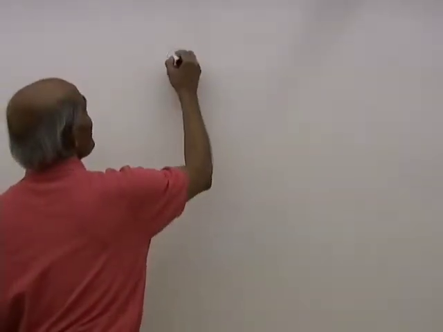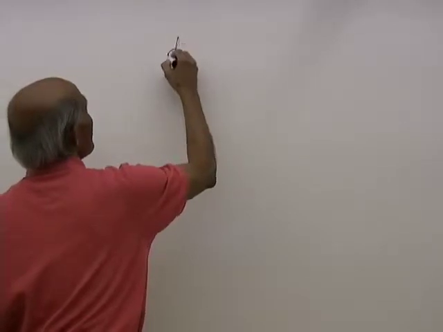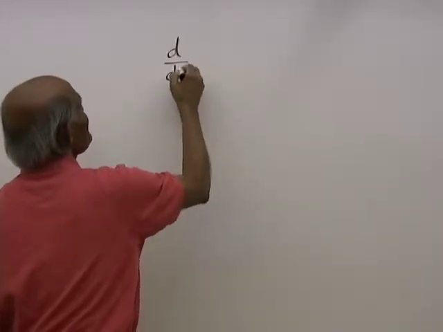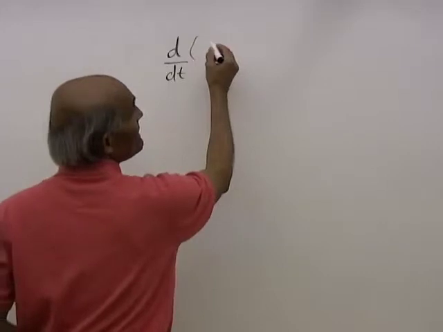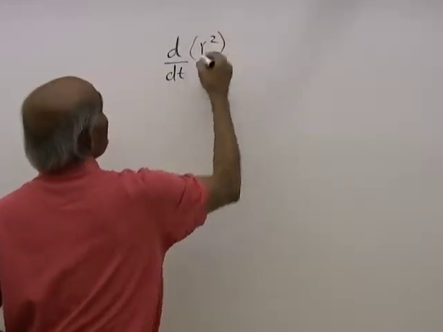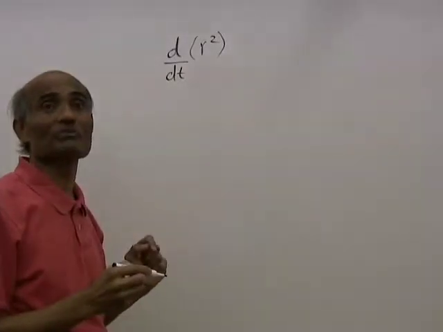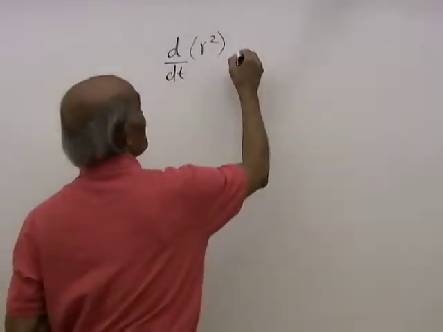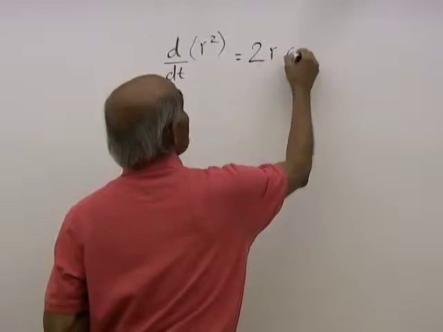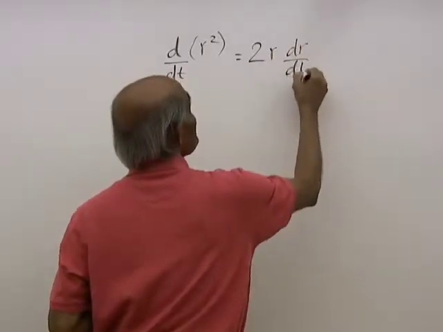Let's do a quick review of what you already know. What is the derivative of, or d by dt of, say, r squared? What is the derivative of r squared with respect to time? It will be 2r dr by dt.